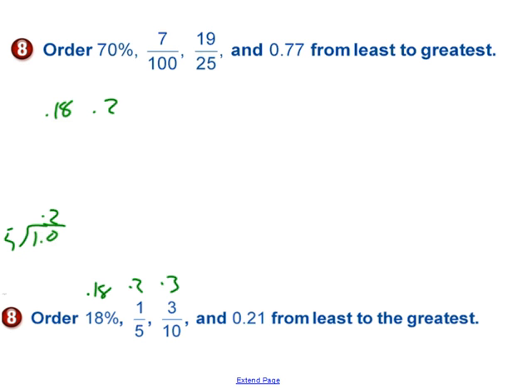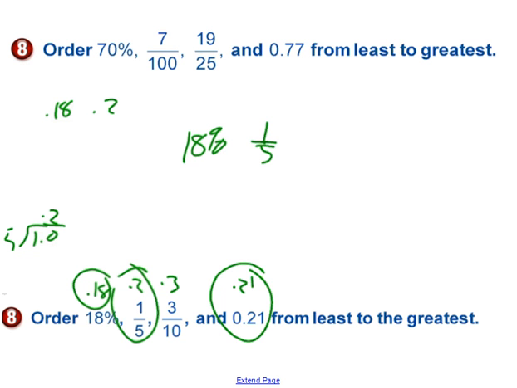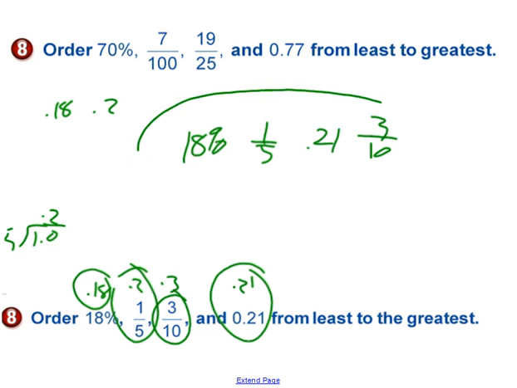This would be 0.3, and this is 0.21. Well, the smallest of those is the 0.18, so 18% is the smallest. The next smallest is the 1/5. The next smallest would be the 0.21. And then the largest would be the 3/10. So those are in order from smallest to largest. Thank you.